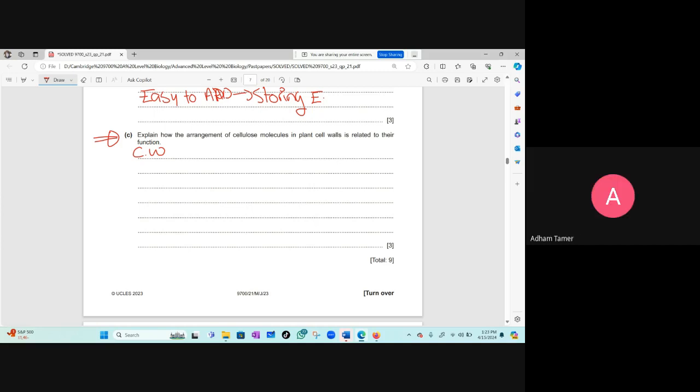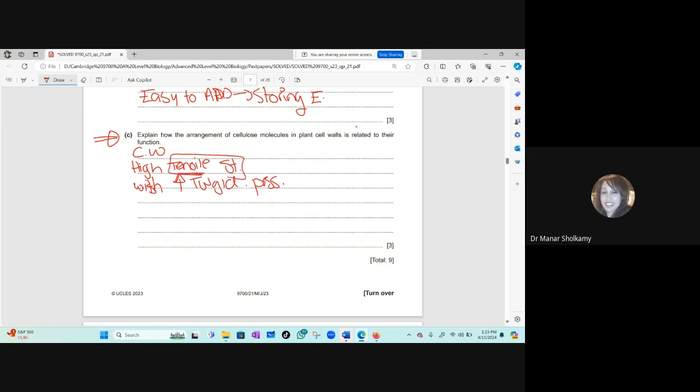Because it has very high tensile strength, which can help it support the stem of the plant while withstanding the pressure made by water. Perfect. This is the main function of the cell wall, that it does not rupture when there is high turgid pressure.